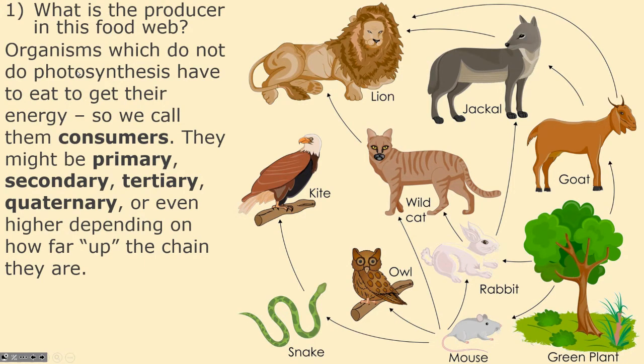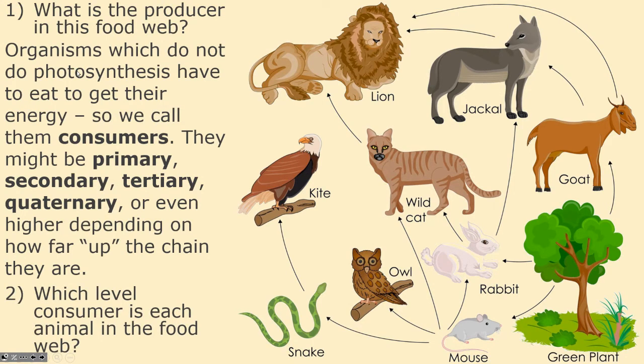They might be primary, secondary, tertiary, quaternary, or even higher numbers depending on how far up the food chain they are. A primary consumer just means that it eats plants directly. A secondary consumer eats things that eat plants. A tertiary consumer eats things that eat those things. So it's just levels and levels and levels up.